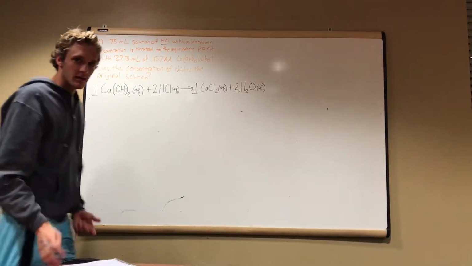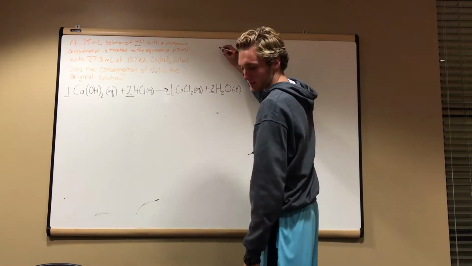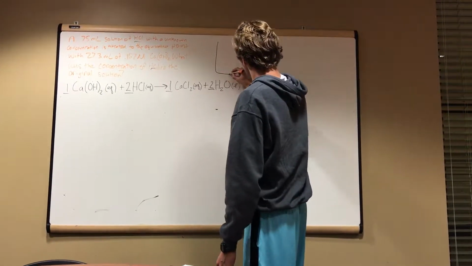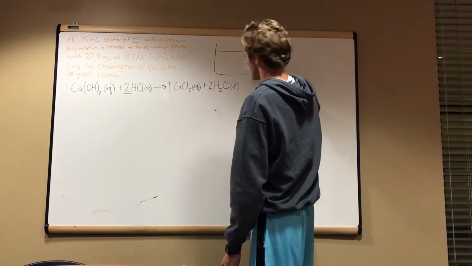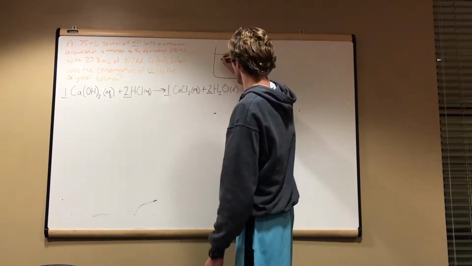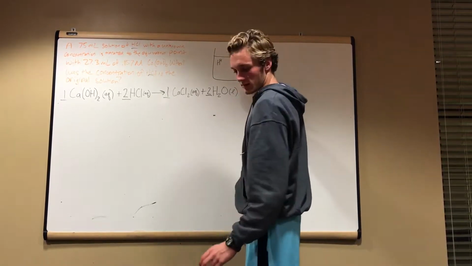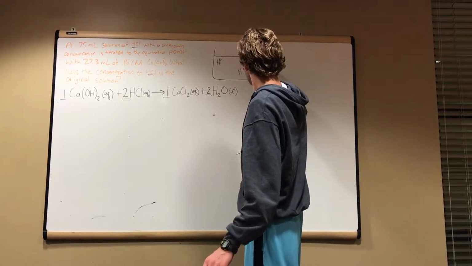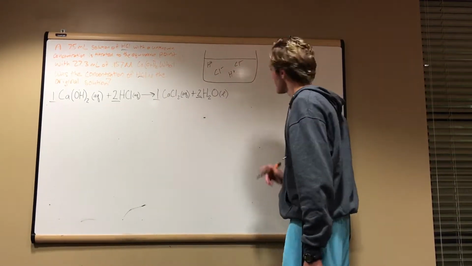So now it makes things simpler if we draw a diagram, as with any good chemistry problem. So here's our initial HCl solution. We got some H pluses and some Cl minuses swimming around.